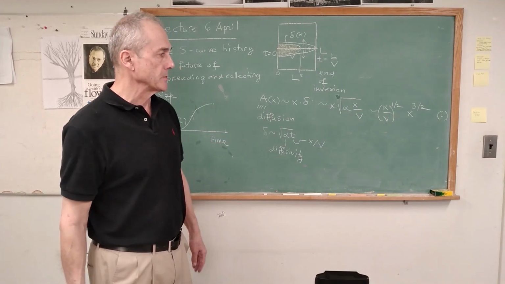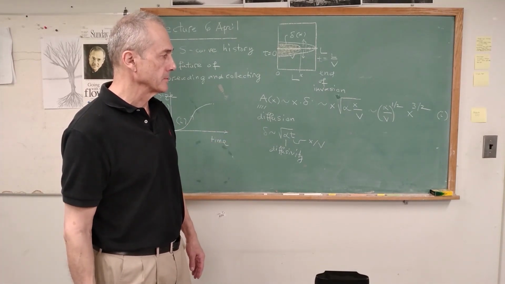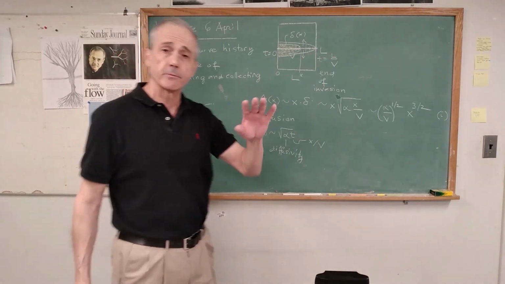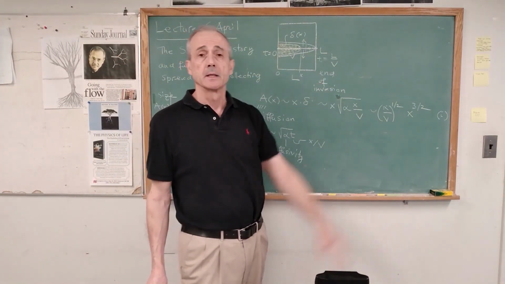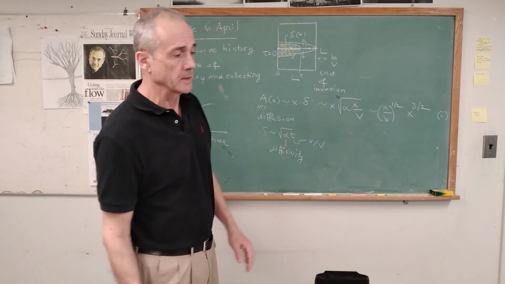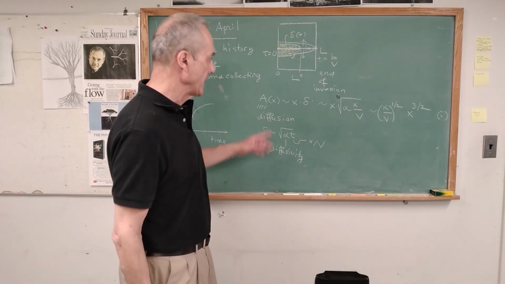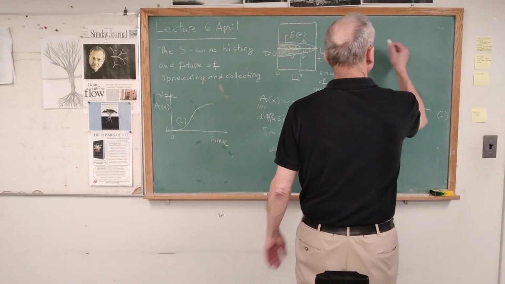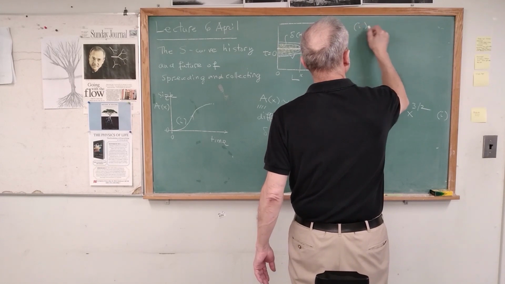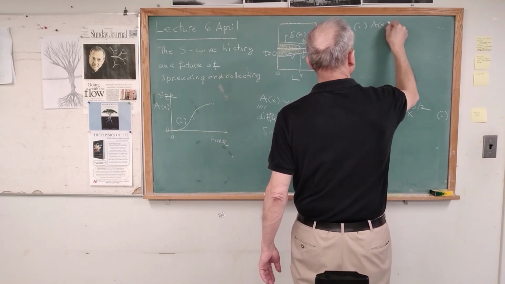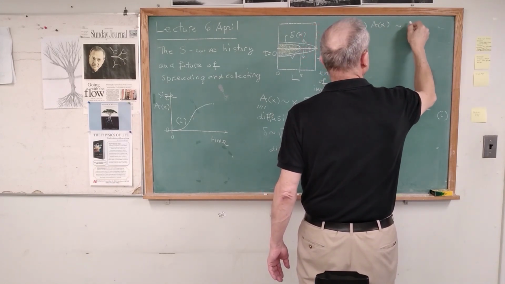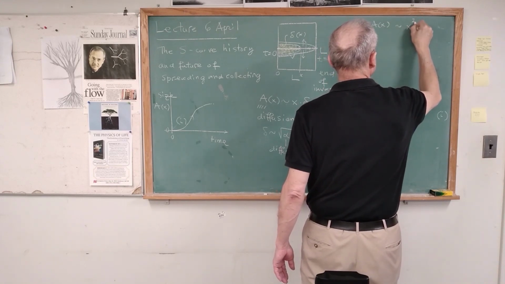Additional formulas to remember. In fact, what's worth remembering, I'm putting in the upper right-hand corner of the green board. One is this, that during invasion, A of x goes as x to 3/2.